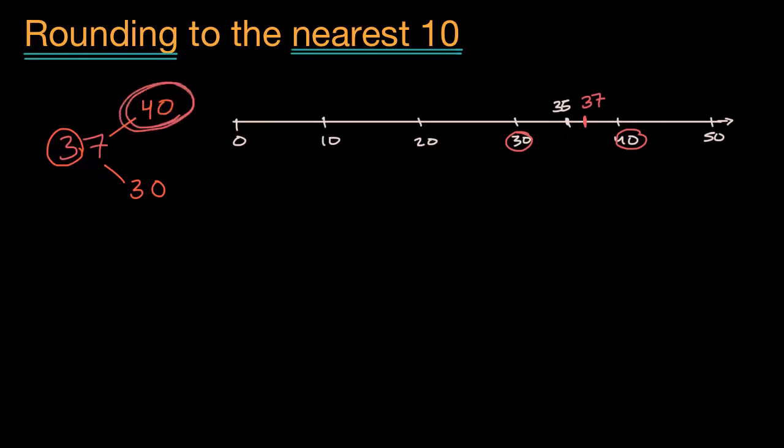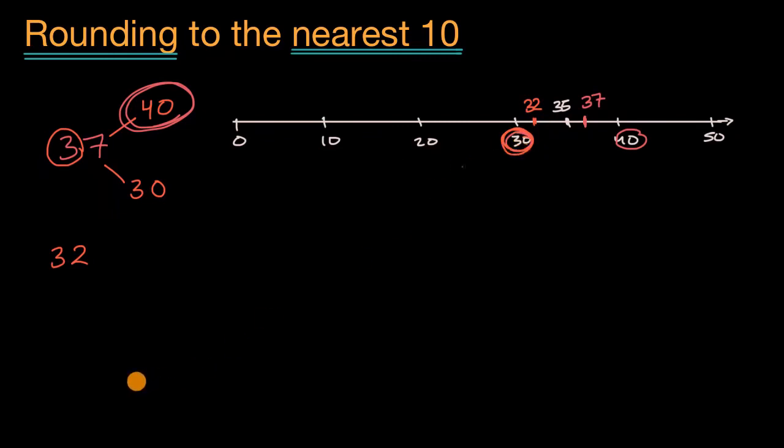And you might ask, well, give me another number. What if someone said 32 rounded to the nearest 10? Well, 32 is going to be right over here. That's between 3 tens and 4 tens, but it's a lot closer to 3 tens. So 32 rounded to the nearest 10 is going to be 30.